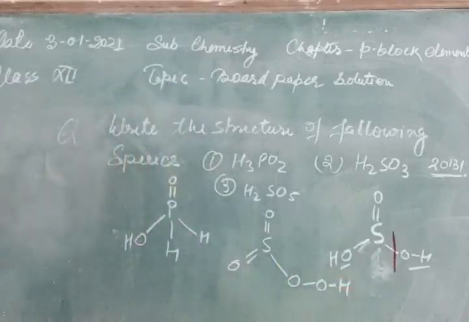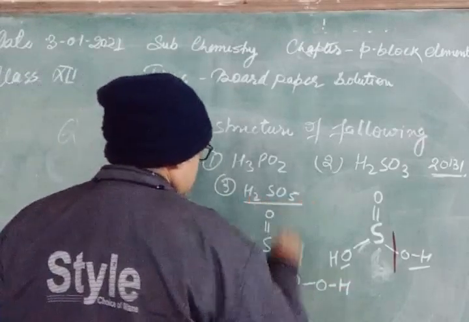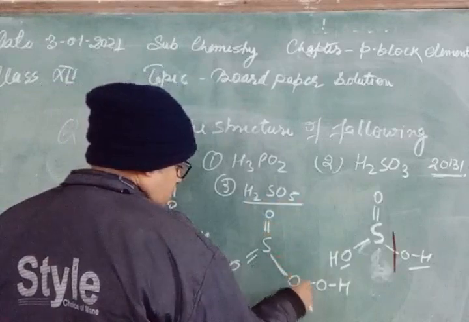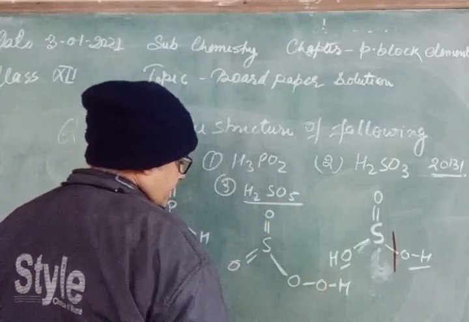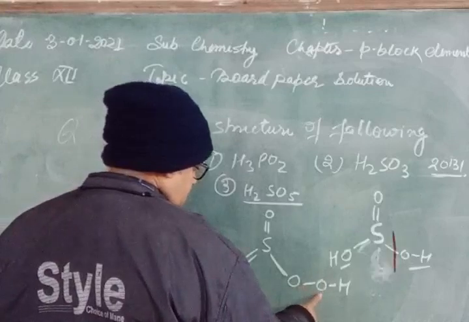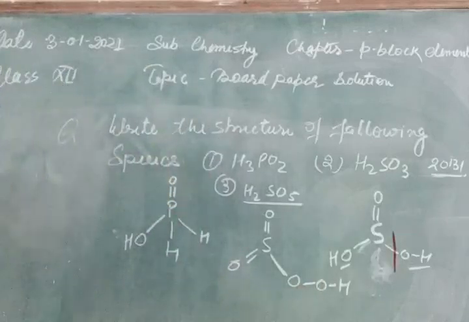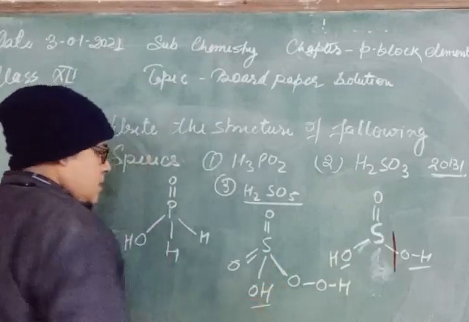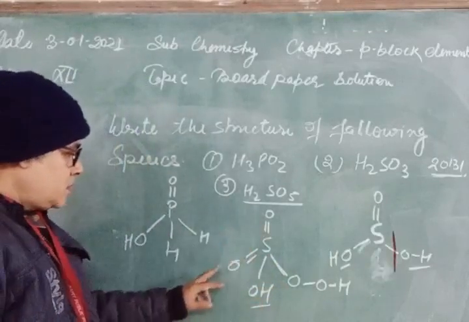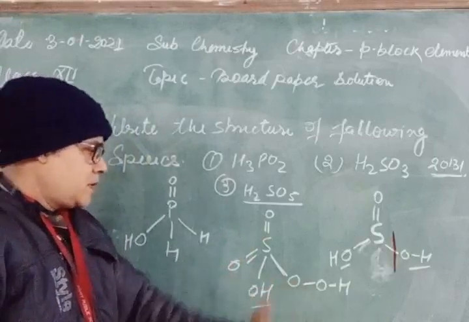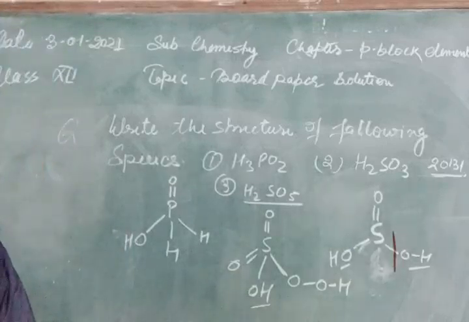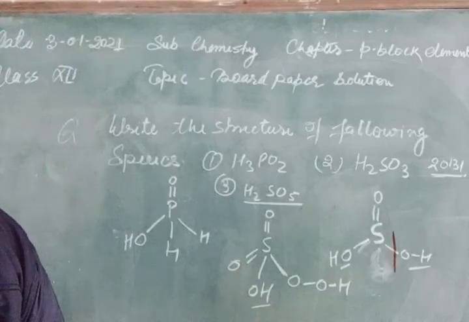In the case of H2SO5, there are two oxygens doubly bonded and two oxygens in the form of peroxide, and there will be one OH also. Two double bonds with oxygen, one OH, one peroxide bond. This way all structures are nearly completed.